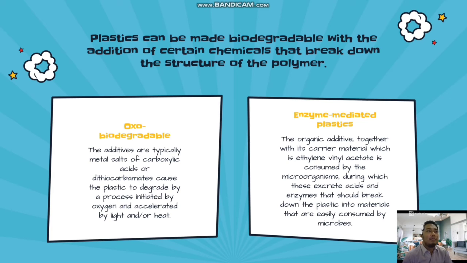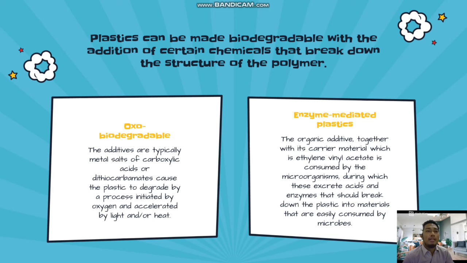First, we have oxo-biodegradable plastic. The additives are typically metal salts of carboxylic acids or dithiocarbamate, which cause the plastic to degrade by a process initiated by oxygen and accelerated by light and or heat.